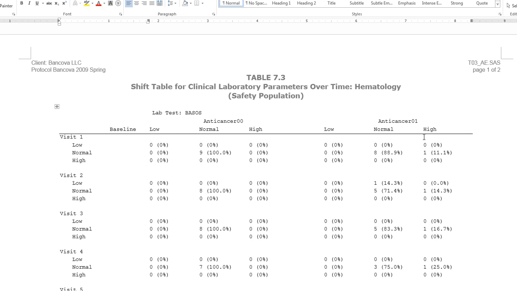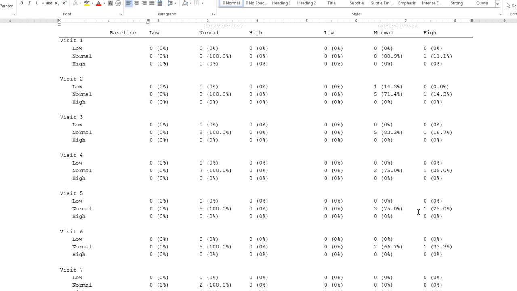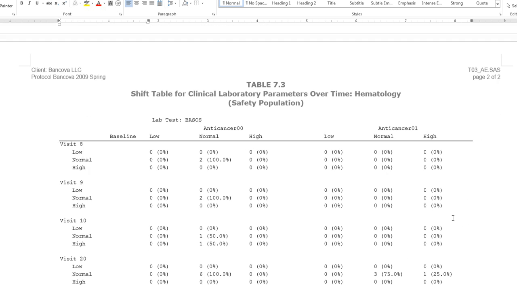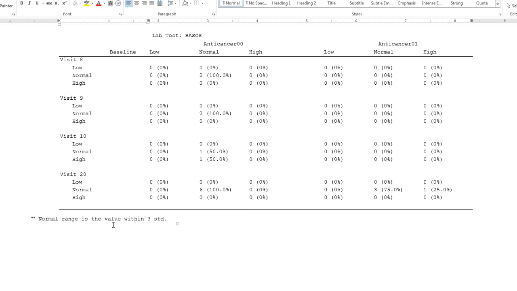So maybe that one is efficient or more valuable in the patient's parameter value. And we can see that at visit 5, there are 3 that keep from normal to normal, but 1 changed from high to normal. That's the total shift table we are leaving here.